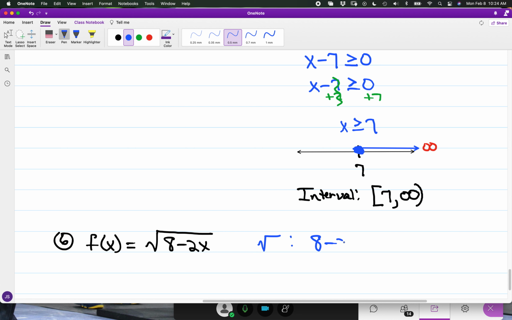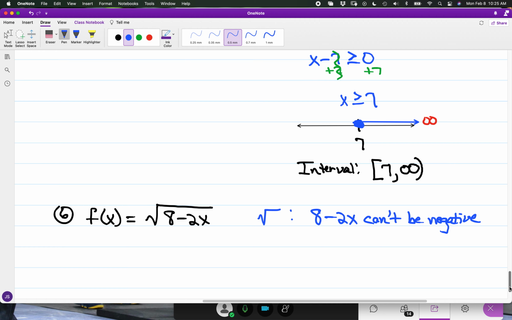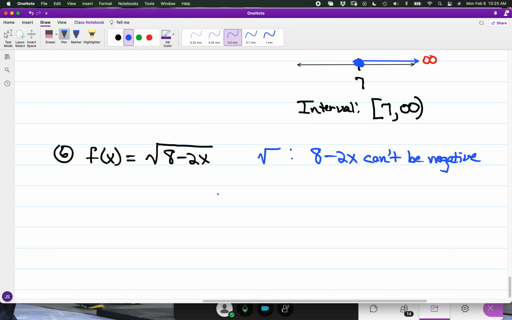Okay, so 8 minus 2x cannot be negative. And because we have the square root given in direct fashion, 8 minus 2x can be 0, and it can also be positive.